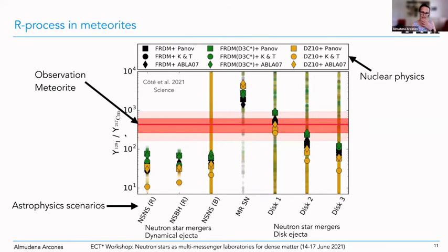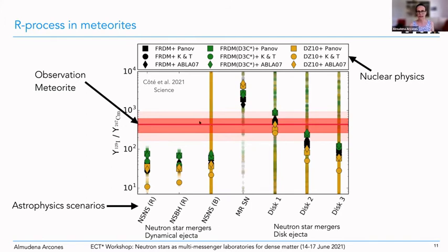And this was done looking at iodine and curium, and this iodine is in the second r-process peak, and this is beyond the third r-process peak. So it's really an interplay of two elements that are quite extreme and are r-process isotopes. And this line is what the meteorite abundances tell us, that this ratio should be like that.